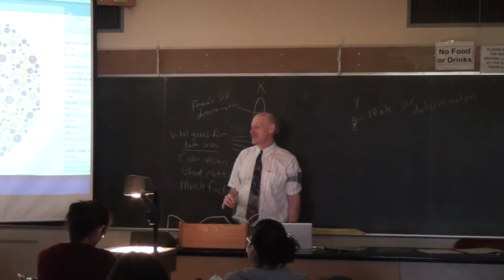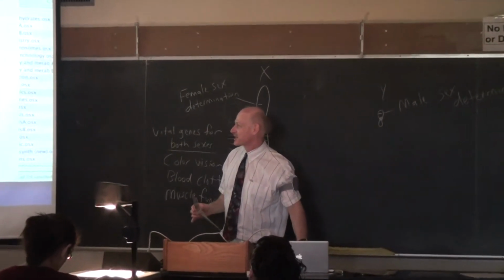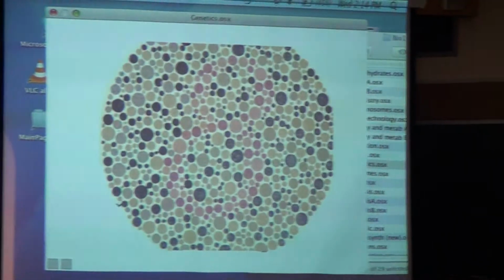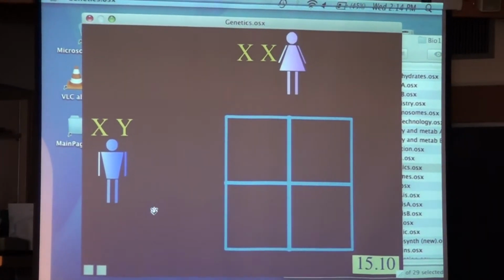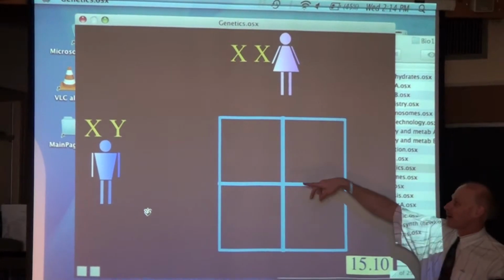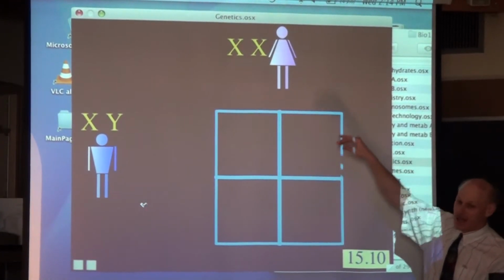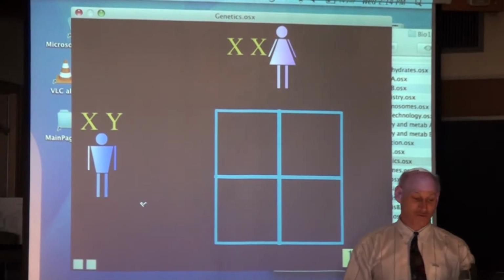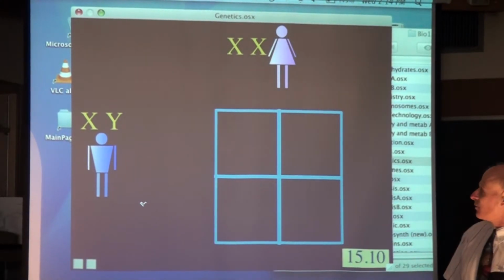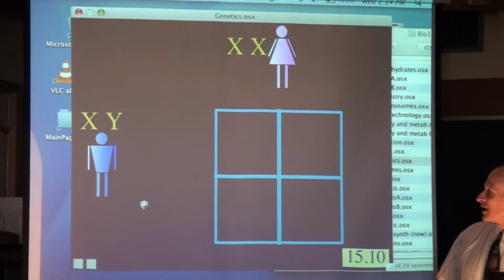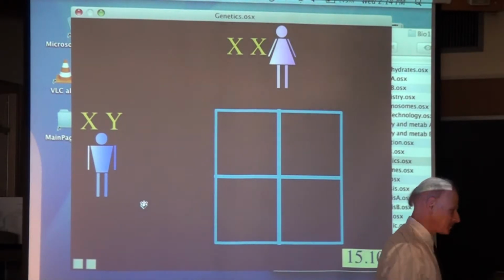And to see how it leads to non-Mendelian genetics, let's imagine a crossing experiment, a breeding experiment. There's a woman and there's her partner. And let's just say, for the sake of argument, that she has normal color vision, but that she's a carrier of the disorder, meaning she's heterozygous for it.